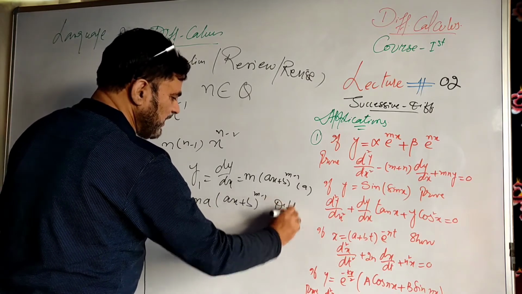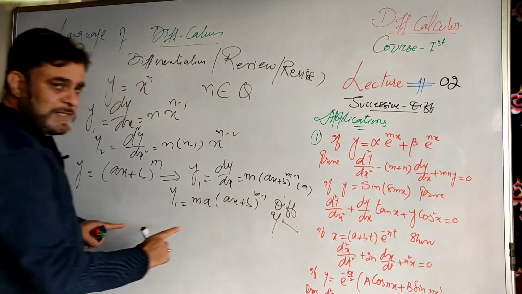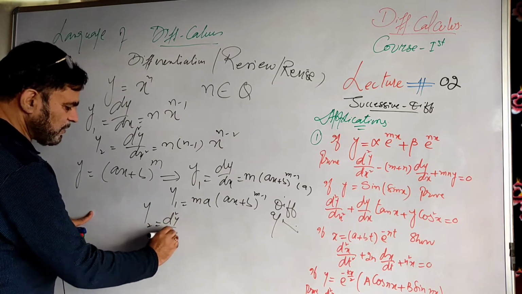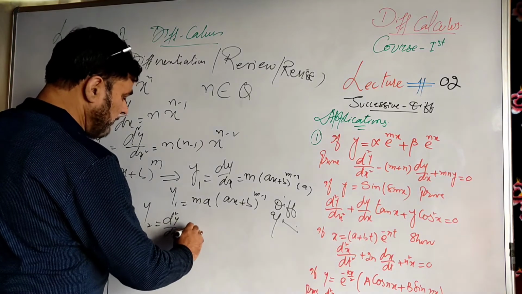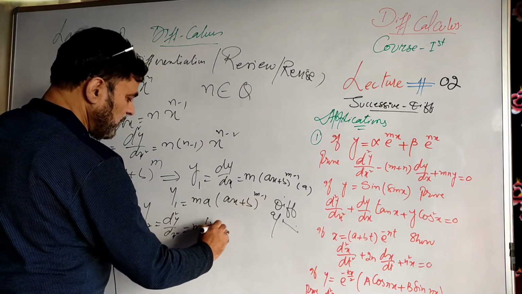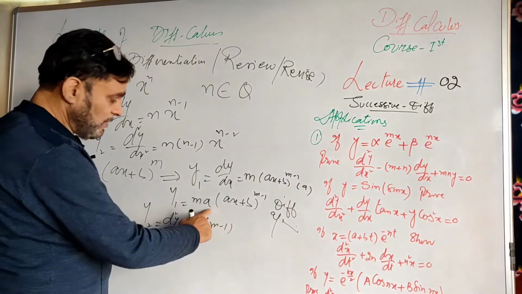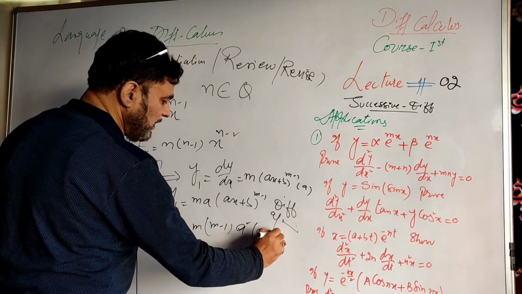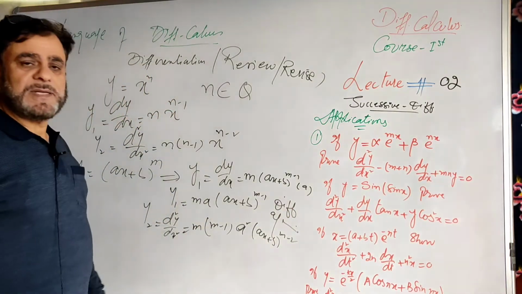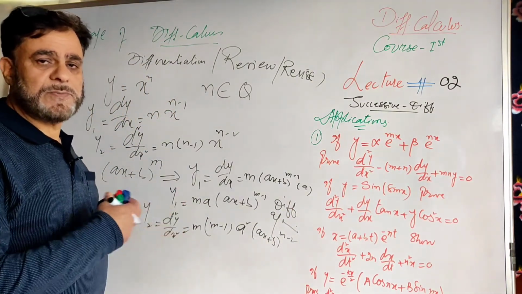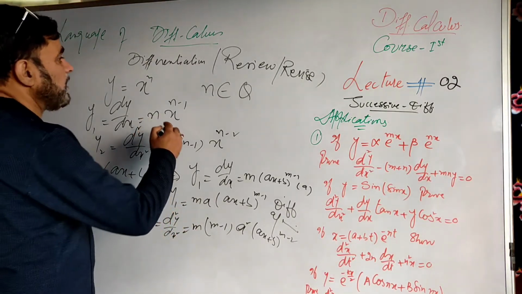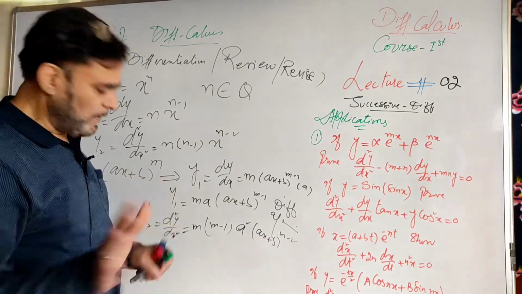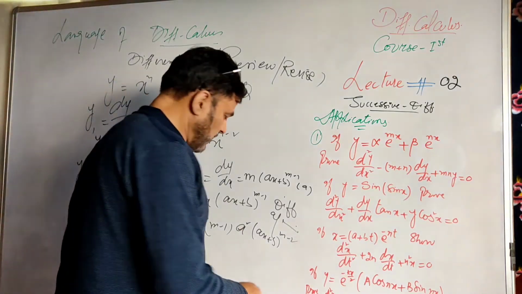If you differentiate again, y2, which is also d2y by dx square, is m into m minus 1, times the internal derivative a, which becomes a square, times (ax plus b) raised to power m minus 2. Similarly, you can go for the third derivative, fourth derivative. This is what we call successive differentiation: how we differentiate the function one after the other. It is just a review.